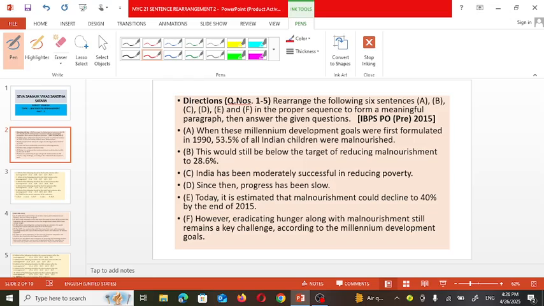Malnourished means those who are not getting proper nutrition. Second, the B sentence is given.